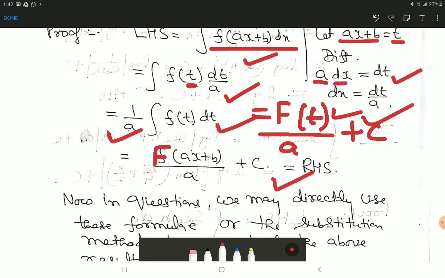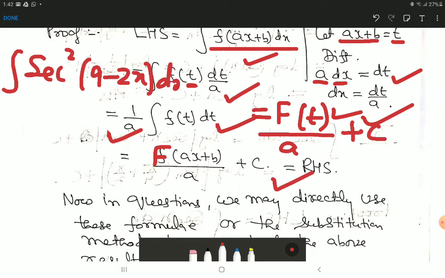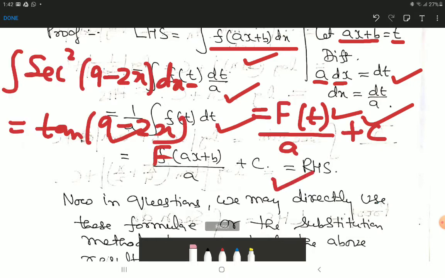So I am taking one example where I will be using this formula. Consider, say, integration of sec square (9 minus 2x) dx. So you know integration of sec square x is tan x. So integration of sec square of this much should be tan of this much, tan(9 minus 2x). But this is not x, it is 9 minus 2x.